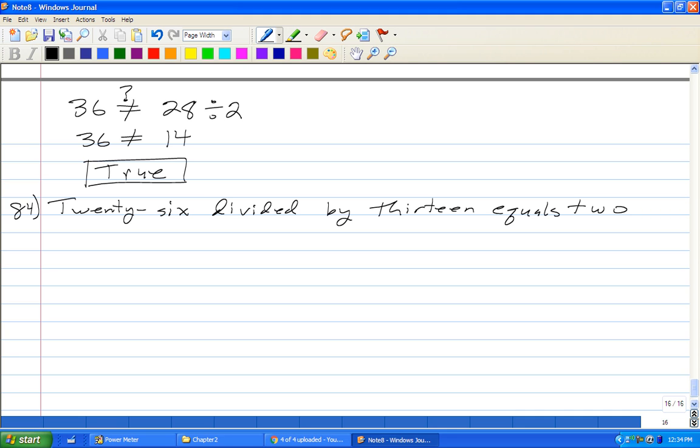In exercises 79 through 90, translate the word statement into symbols. Okay, so let's do that. So 26 divided by 13 equals 2. So I've translated that equation.